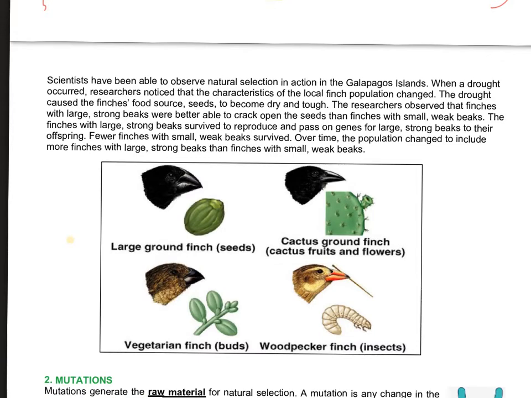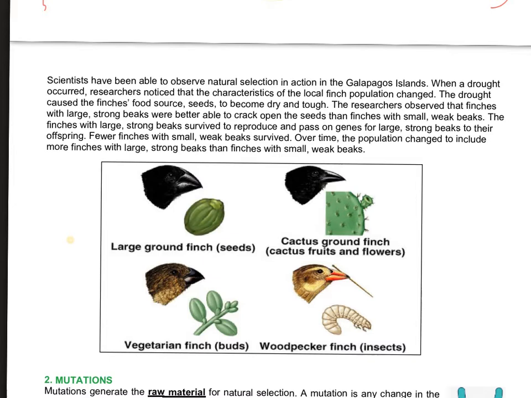Scientists have been able to observe natural selection in action in the Galapagos Islands. When a drought occurred, researchers noticed that the characteristics of local finch populations changed. The drought caused the finches' food source, seeds, to become dry and tough. The researchers observed that finches with large, strong beaks are better able to crack open the seeds than finches with small, weak beaks.